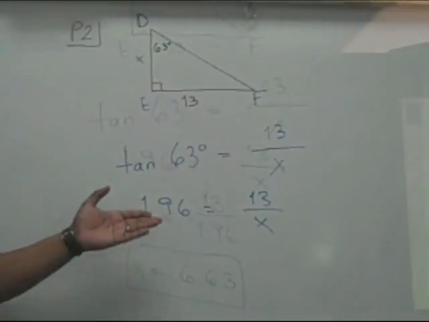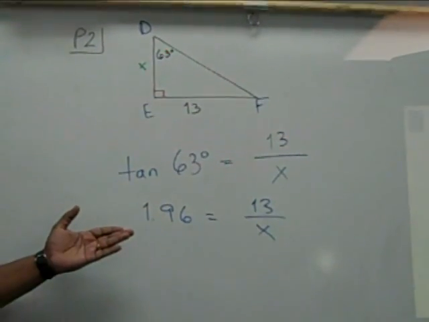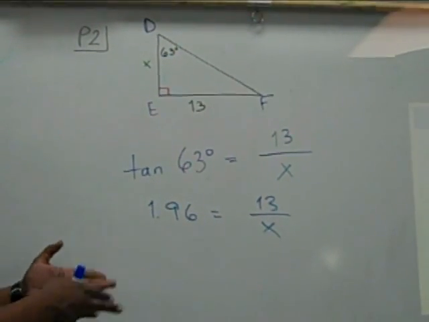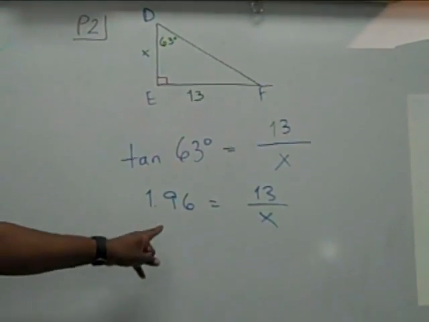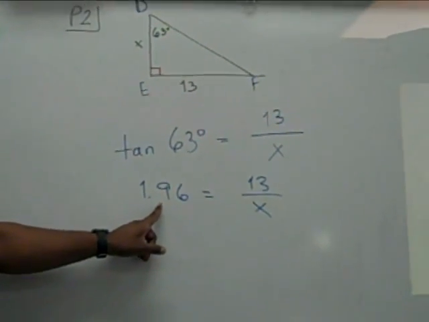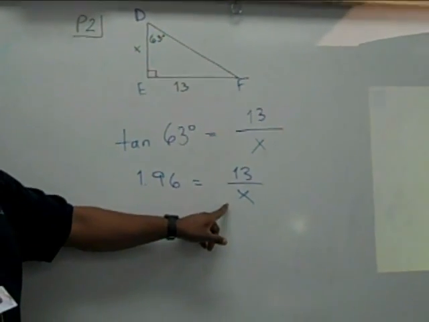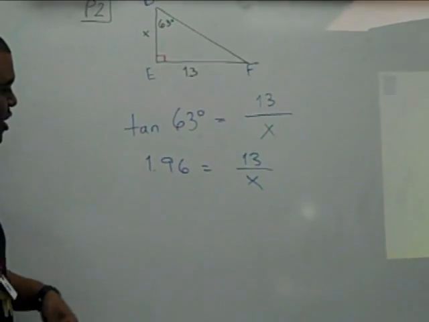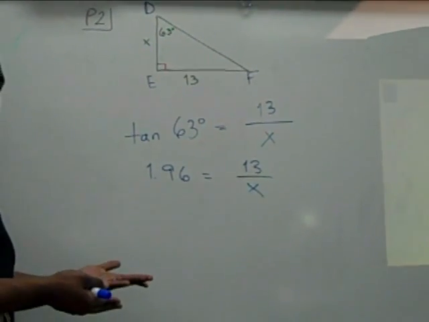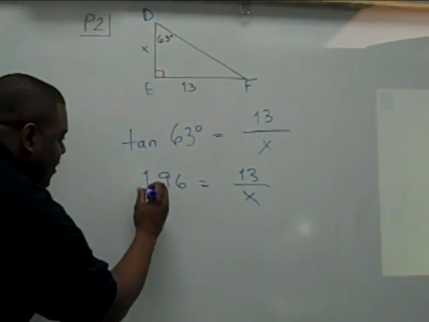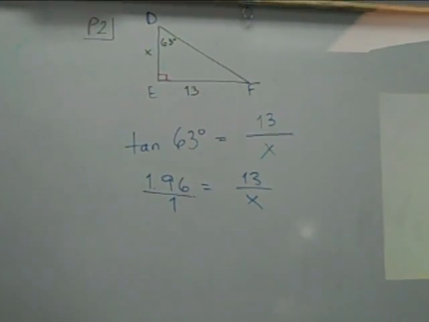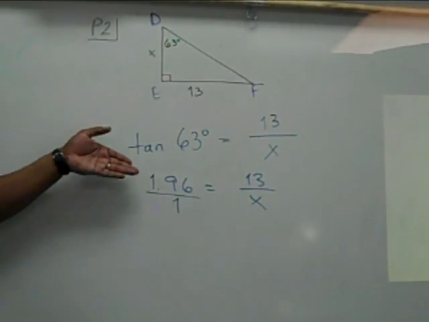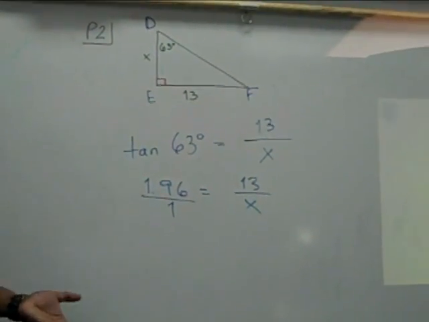Now, in case you didn't understand how to find x, here's another way you can do it. If I have 1.96 right here, and it equals 13 over x, which is basically a fraction over here and the decimal over here, I can make this a proportion. I can just put this over 1, because we know that putting any number over 1 just keeps it the same.